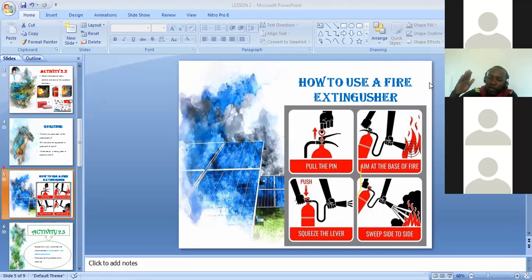It will sit on the base of the flame and stops the flames from coming off the fire. So that's why we are using powdered carbon dioxide in fire extinguishers, because powdered carbon dioxide is a solid and does not easily move away from the base of the fire.